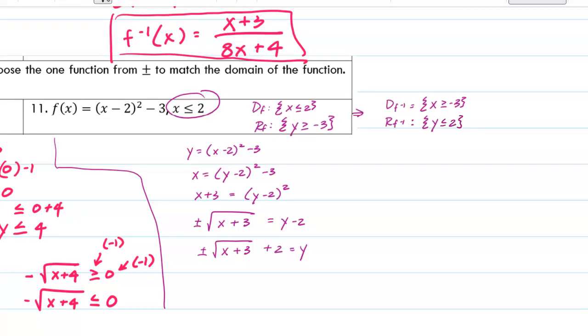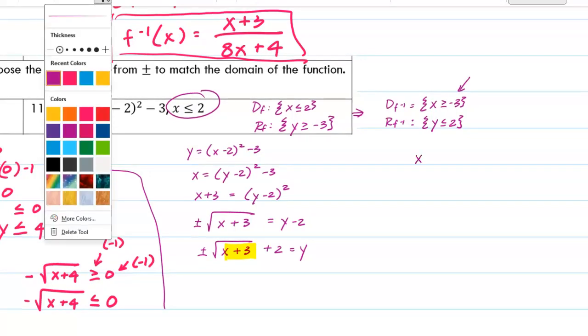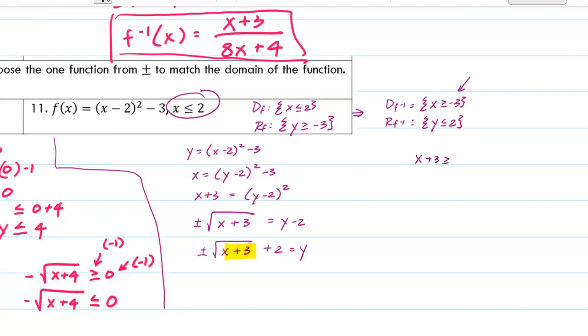Okay. We have a plus and a minus. Both of them, if I look at the radicand, will have the domain x plus 3 greater than or equal to 0. x is greater than or equal to -3.